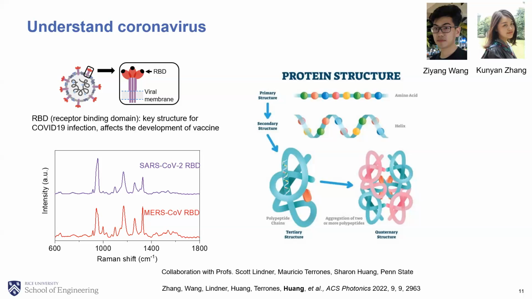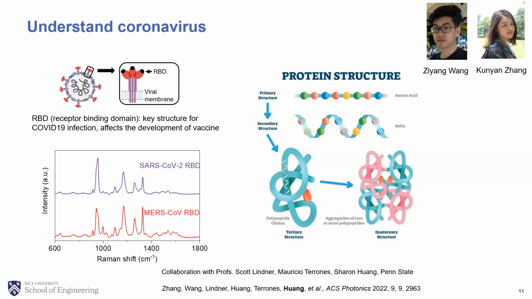And if there are mutations of this virus, typically there's a mutation of the structure of the RBD. So understanding the structure of the RBD is very important, and it directly affects the development of vaccines and neutralizing antibodies. So in our study, we measured the Raman spectrum for the RBD of the SARS-CoV-2 virus.